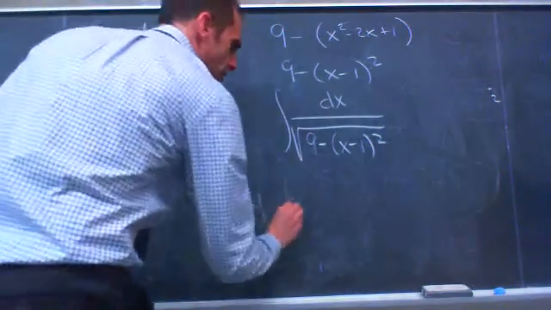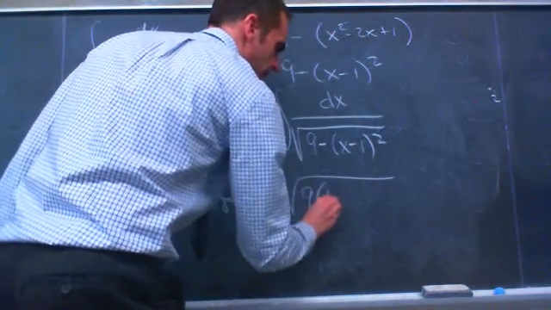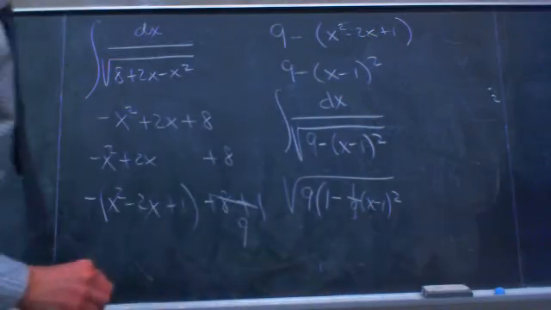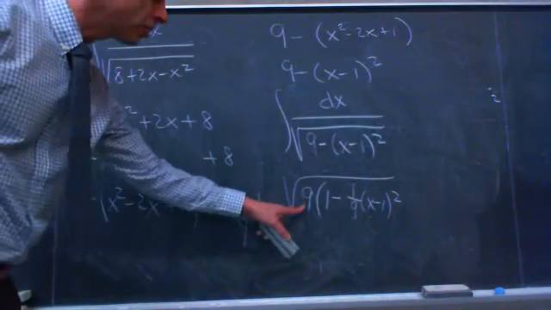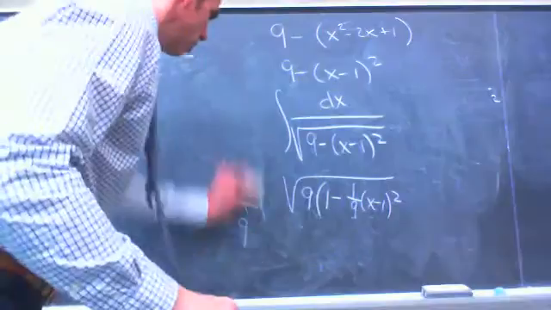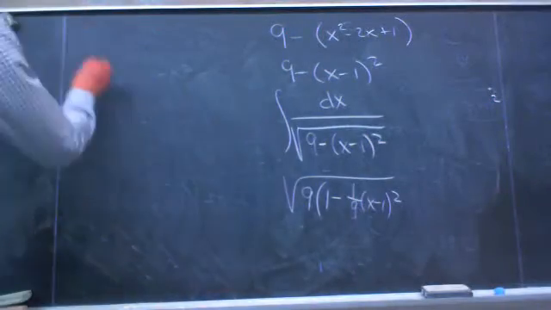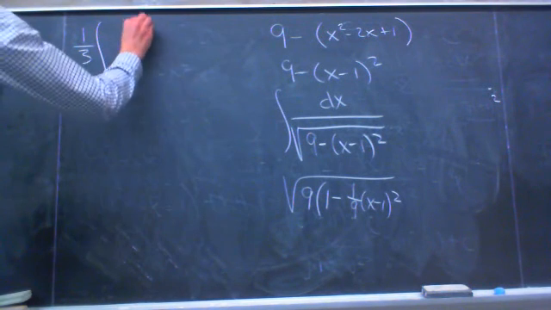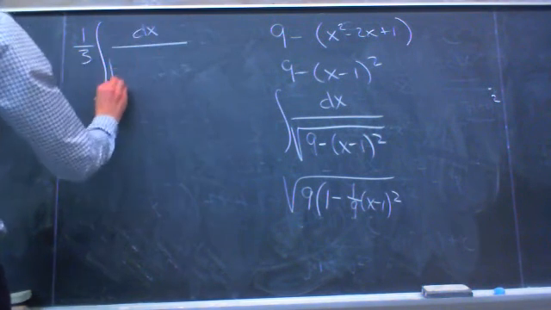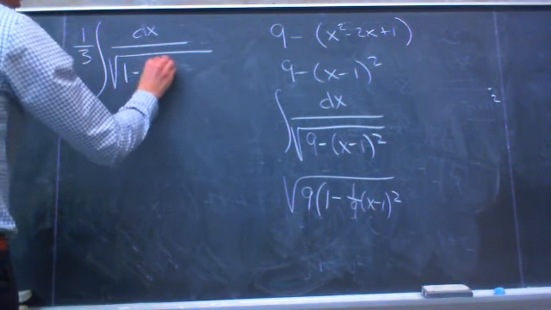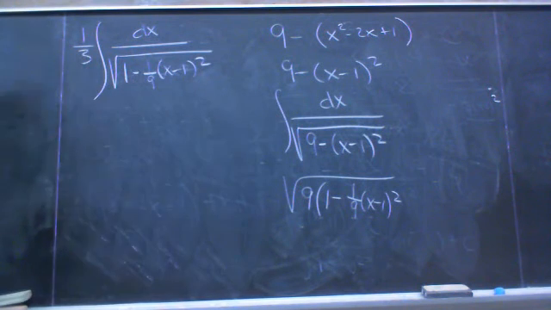So I'm going to factor out the 9, put in a 1/9. Now the square root of 9 is 3, but it's in the bottom. So I'm going to make that now a 1/3 in front. And this will become 1/3 of dx over the square root of 1 minus 1/9 of x minus 1 squared.